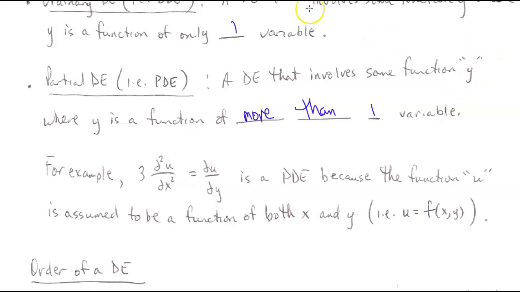So for instance, just to make this easy, let's say y is equal to 3 times x times y. If I wanted to take the partial derivative, let me write that a little better here. Let's say we want to take the partial derivative of y.